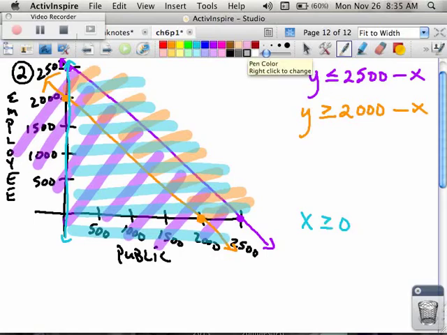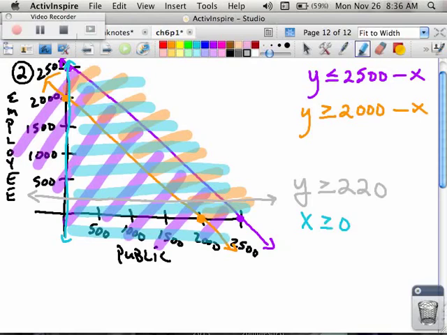And then we also talked about the number of minimum parking spaces for the employees, and when we added all those up, that was 220. Or in other words, in our gray equation, we had that our employee parking spaces were more than or equal to 220. So that means you go to where 220 would be on your y-axis, and you draw a horizontal line all the way across in gray. And you want everything to be more than that in gray.